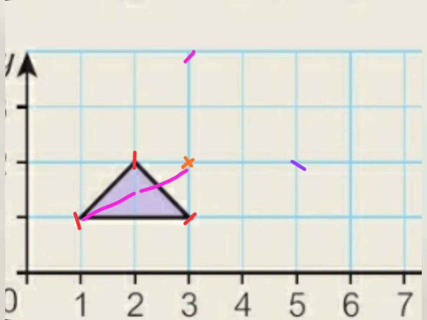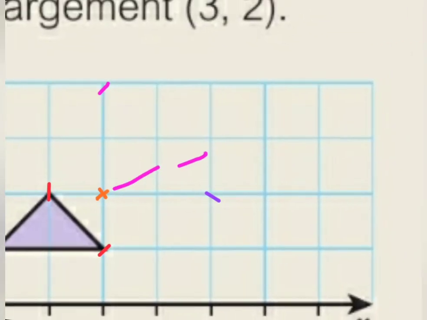So I will count 4 using the same idea, but in the opposite direction. So it's going to be 1, 2, 1, 2, and then 3, 4. Very good. So the point will be here.